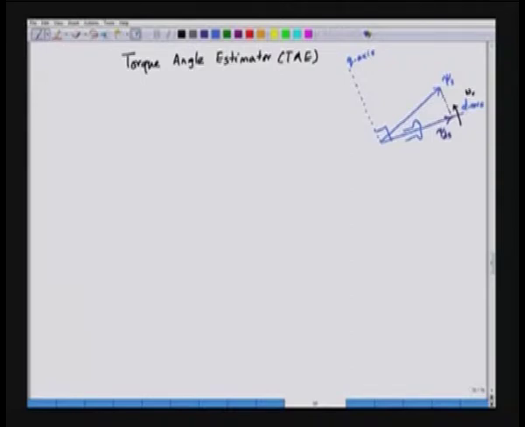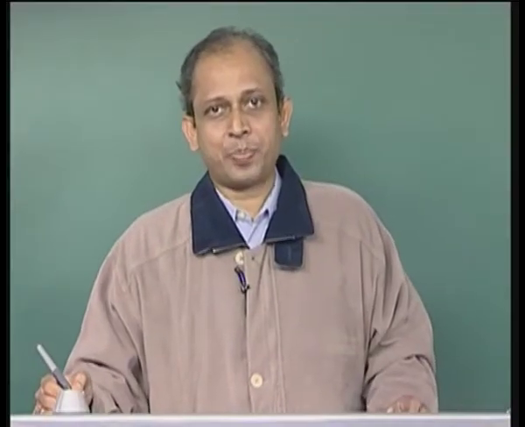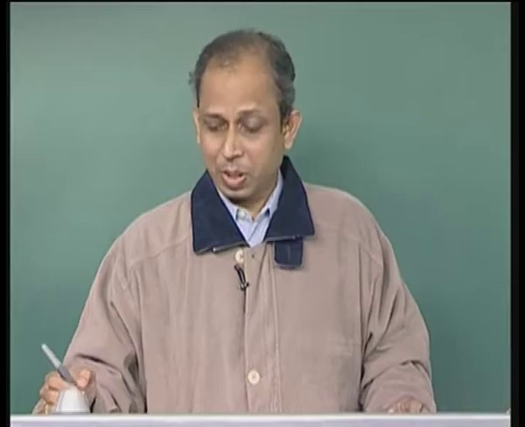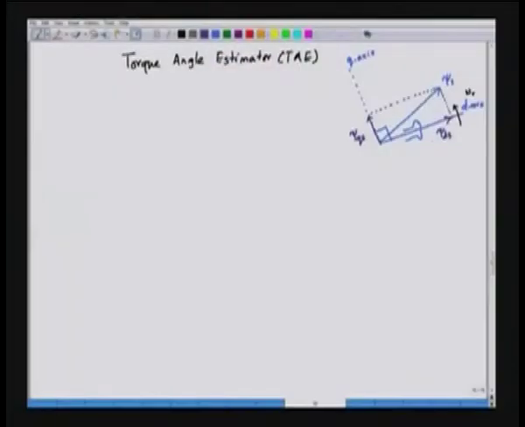If you project the stator flux linkage along the q axis, this flux is called psi qs, the flux linkage in the q axis. So, if we know the individual components psi ds and psi qs, where psi ds is the flux linkage in the d axis and psi qs is the flux linkage in the q axis, we can find out what delta is.